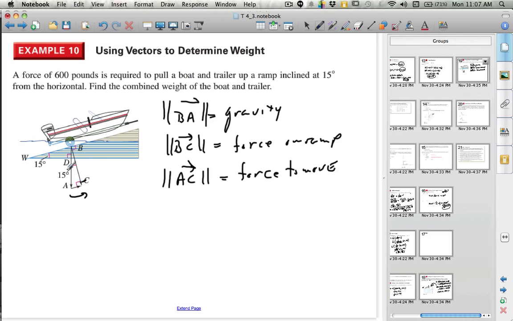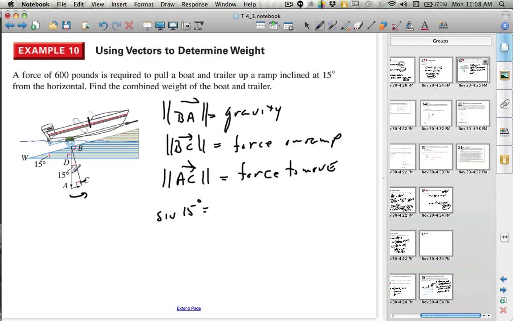So if we go back to these, when you talk about this angle here, the sine of 15 degrees, looking at this angle, is going to be opposite over hypotenuse. So I know that the sine of 15 degrees will be equal to, remember what we're looking for is the gravity.